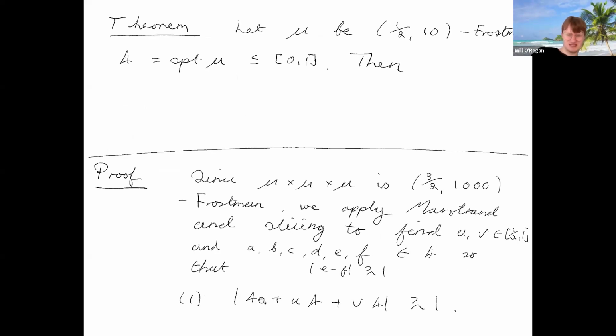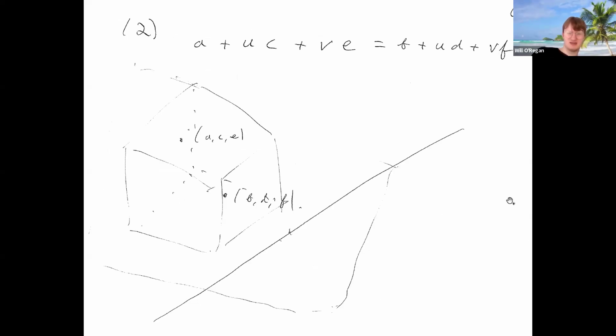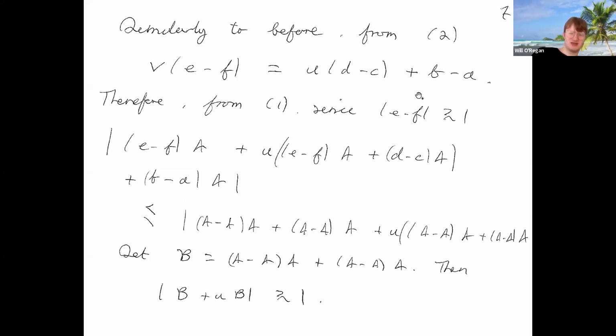We start with something like the Bohr equation from Marstrand, and then the slicing like before allows us to eliminate the variable V, and then we can be considering the Lebesgue measure of something involving just A under its ring operations and U. So that's good. And remember, that's where we were in the first result that I showed you here.